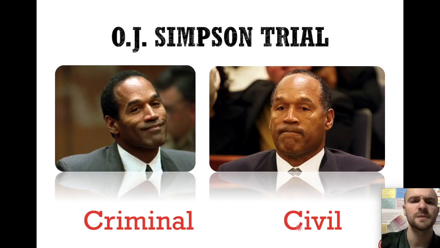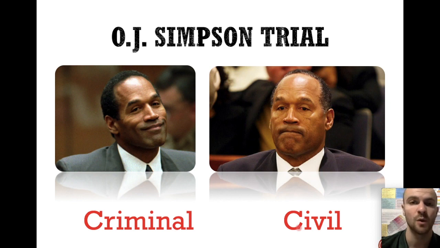So this also ultimately brings us back to the O.J. Simpson trial. Why did I have O.J. Simpson's face on that intro slide? Well, O.J. Simpson, when he was initially charged for the first-degree murder of Nicole Brown Simpson and Ronald Goldman, was acquitted. Acquitted means found not guilty for the crime. Some of you may know who Johnny Cochran is.